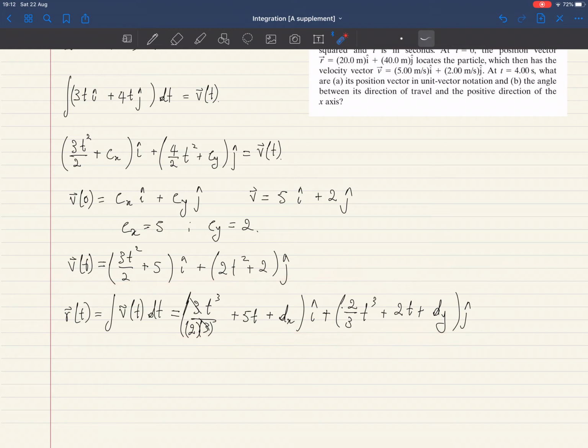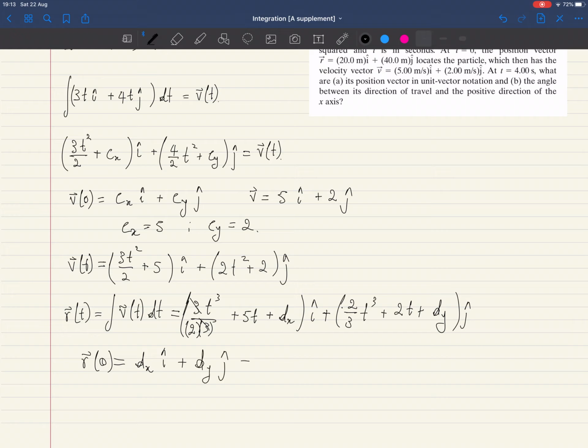Let's substitute t equal to 0 here and see what that would mean for dx and dy. Okay, so if you were to simply substitute 0 for every time you run into a t, that would mean this term becomes 0 and so does that. That becomes 0 and so does that. So effectively what we're left with is d sub x i hat plus d sub y j hat.